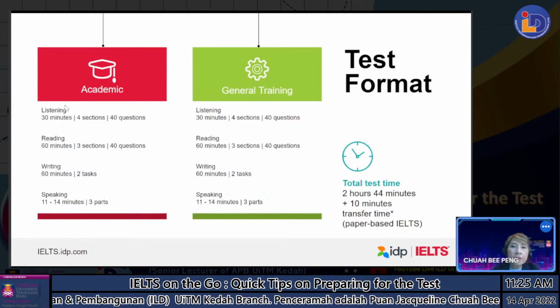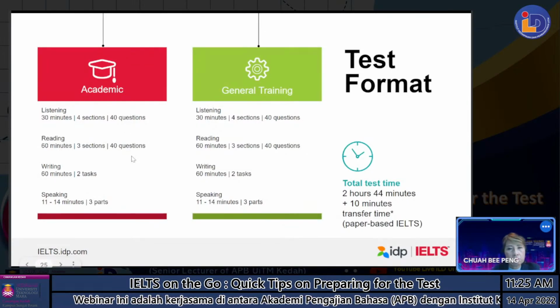Reading follows the same order. In your test, you start with listening and then you go to reading. Once you're done with listening, you continue with your reading. 1 hour, 3 sections, 40 questions. The reading module in the academic version is usually more challenging than the general training one.